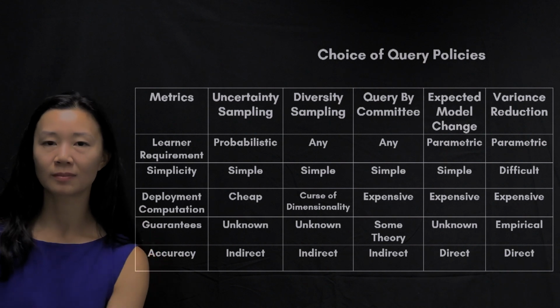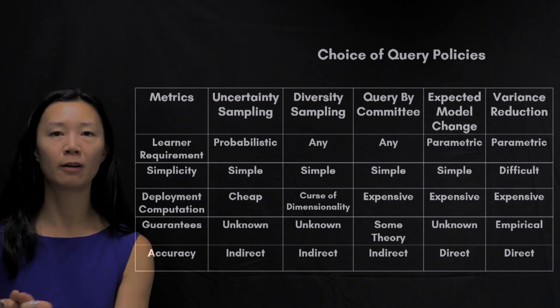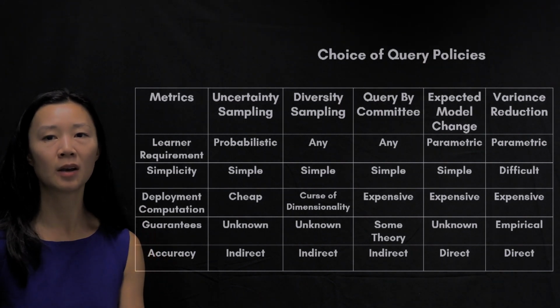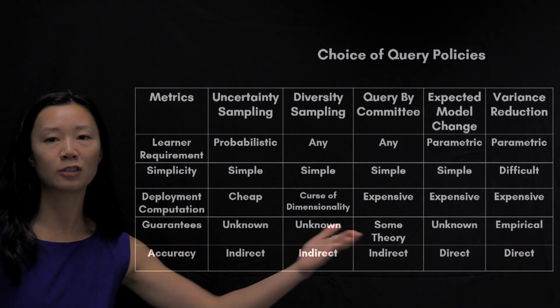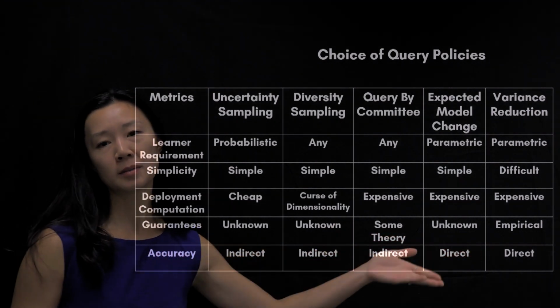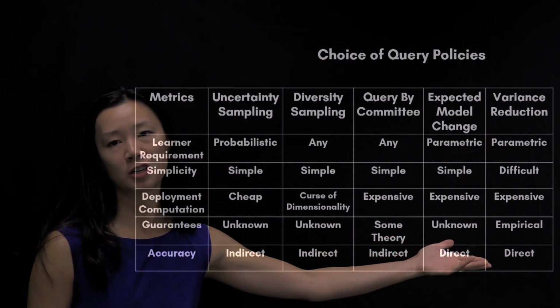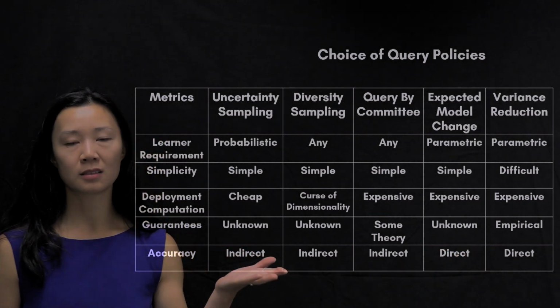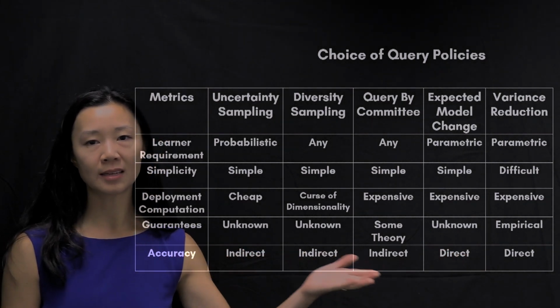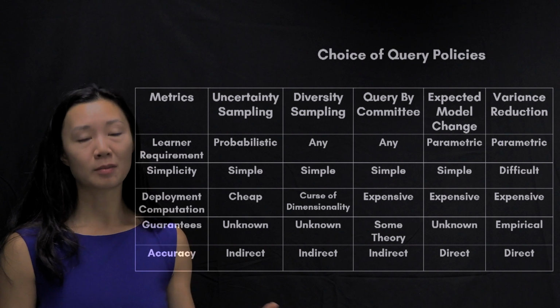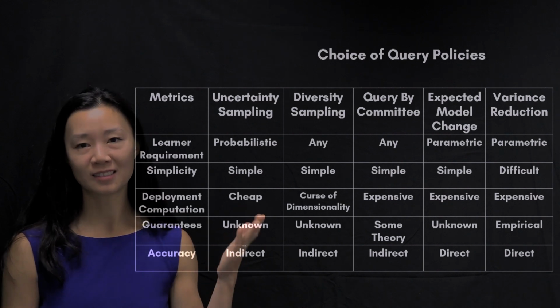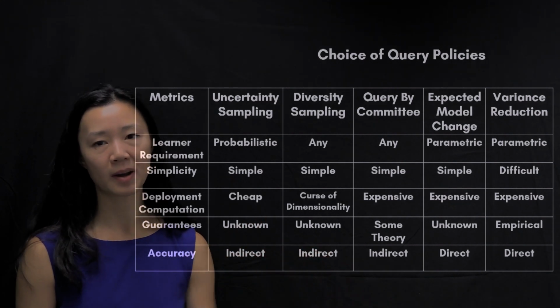And finally, when it comes to how accurate your active learning algorithm is, the query policies that directly optimize for accuracy are expected model change and variance reduction, and the query policies that indirectly optimize for accuracy are uncertainty sampling, diversity, and query by committee.